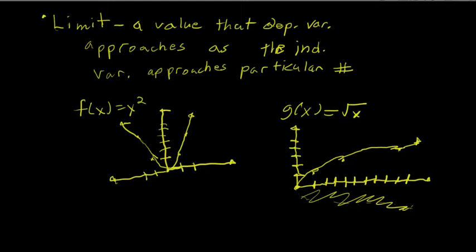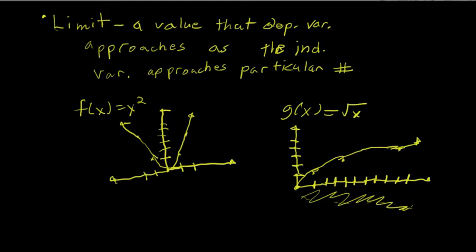Now let's say we approach 9 from both sides. We approached it from this side. You can see g of x gets really close to 3. Approached it from this side, you can also see that g of x gets really close to 3. And so we say the limit as x approaches 9 of g of x is 3.